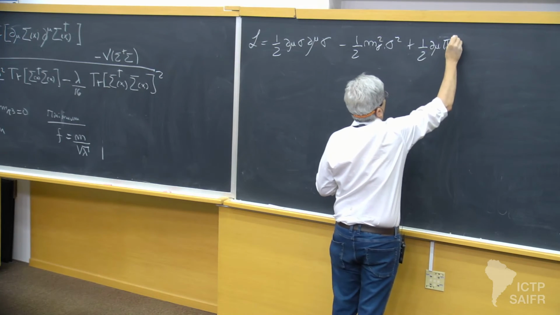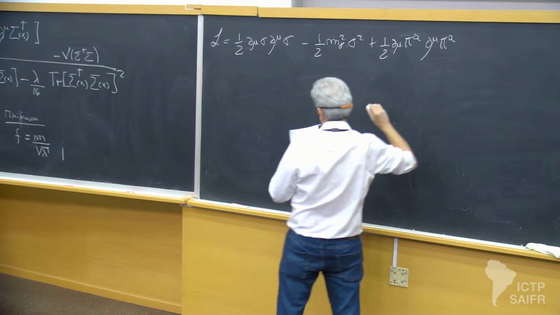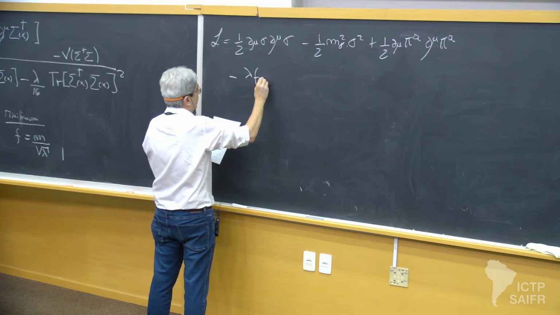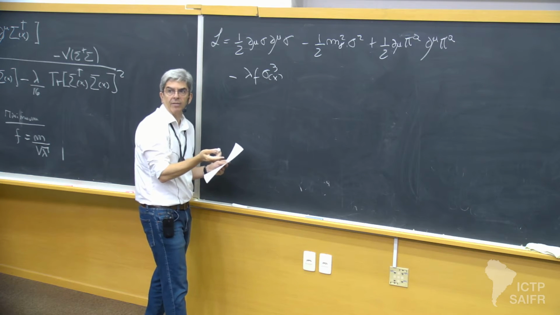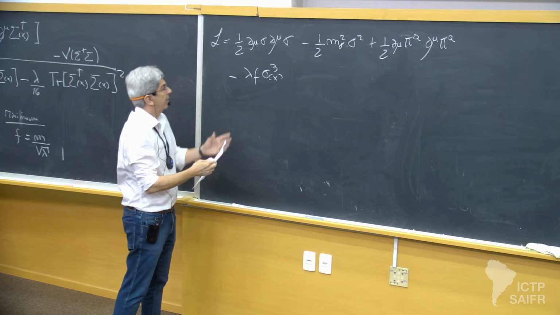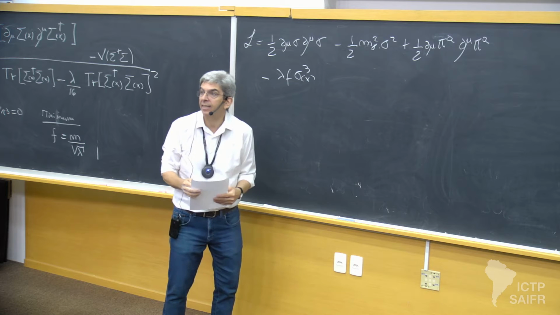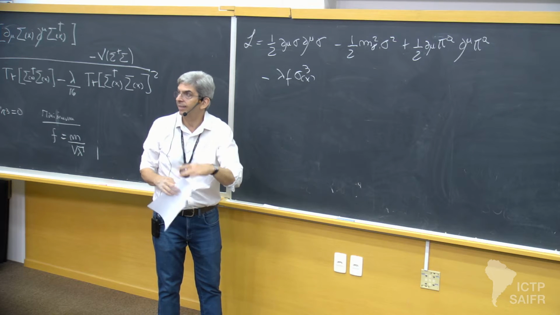So everything comes out correctly here. Okay? Then you end up with minus lambda f sigma cube. So this is a self-interaction term. I know exactly the relationship. This is the self-coupling, like the Higgs triple coupling had to do with the quartic and the VEV. It's exactly the same story.